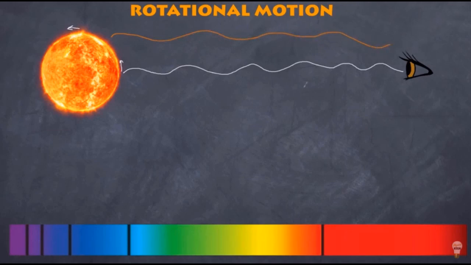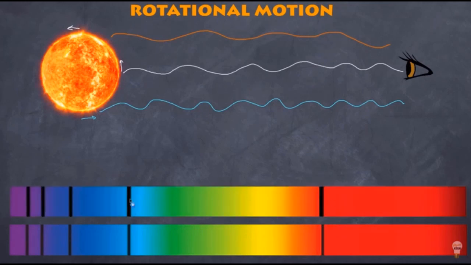However, the lower margin is moving towards you, which means we're going to get a shorter wavelength. Well, not much shorter, but definitely shorter. But you're going to get all three at the same time. So this line is not going to move one way or the other, but it's going to move both. And that means the lines become slightly broader. Now, this is not fuzzier, this is simply broader or fatter lines. And that's indicative of the rotational motion of the star.